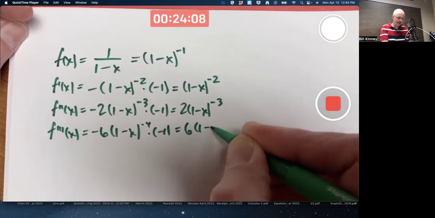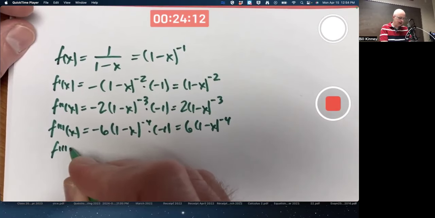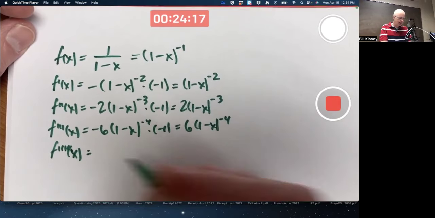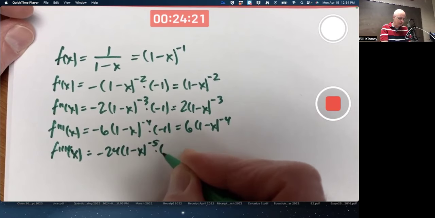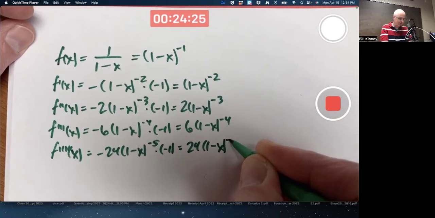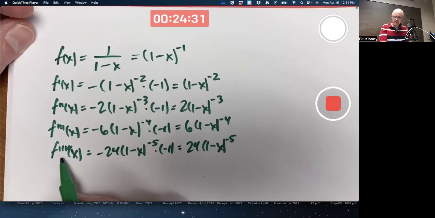Positive 6, 1 minus x to the negative 4. We're seeing factorials again, aren't we? Fourth derivative. Negative 24, 1 minus x to the negative 5, times negative 1. It's positive 24, 1 minus x to the negative 5. That's the fourth derivative. There's supposed to be 4 primes there.